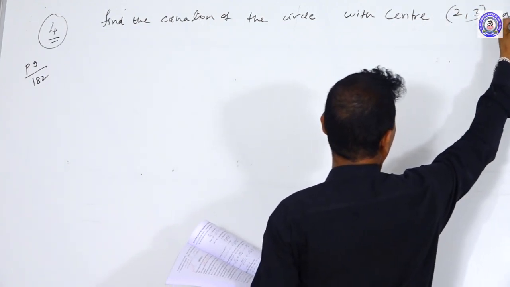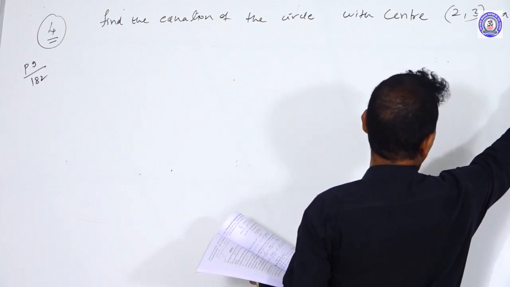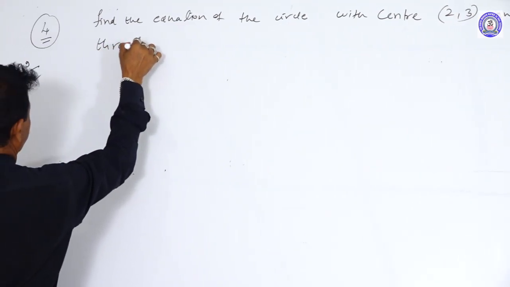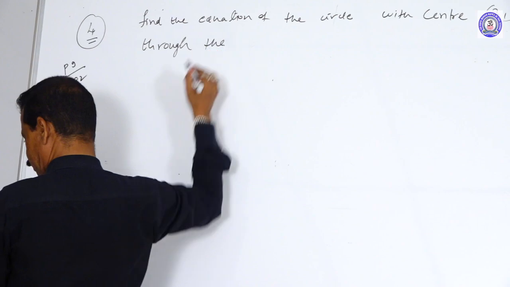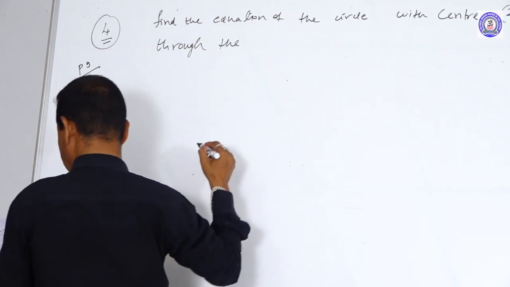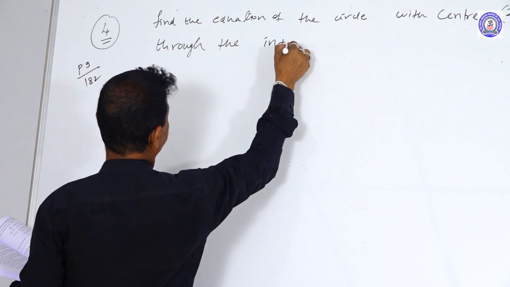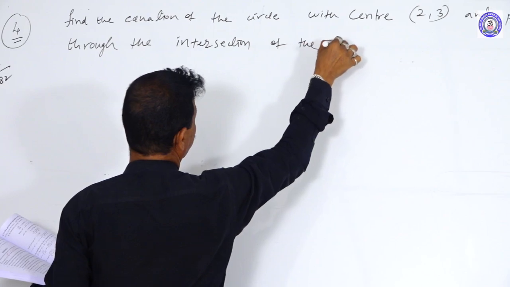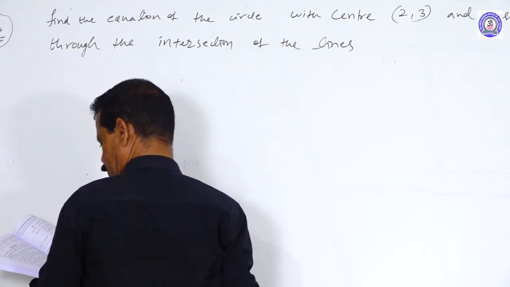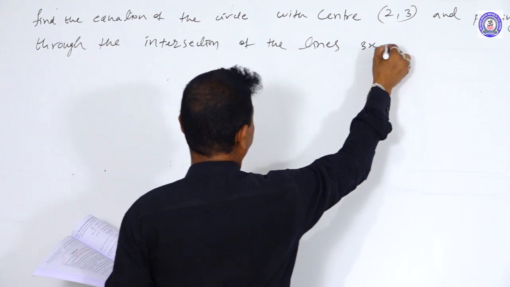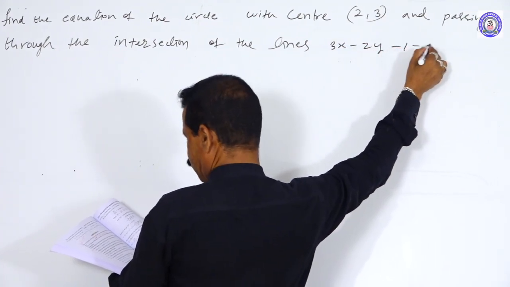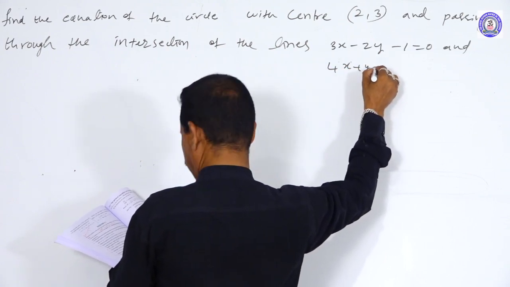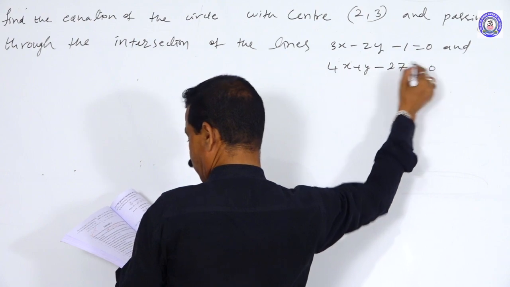And passing through the intersection of the lines 3x minus 2y minus 1 is equal to 0 and 4x plus y minus 27 is equal to 0.